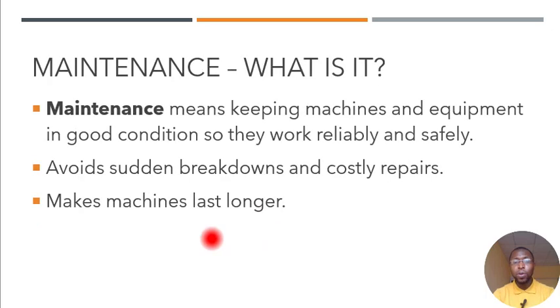All right. Then how do we maintain this machine? First of all, what is maintenance? Maintenance simply means keeping machines and equipment in good condition so they can work reliably and safely. So the act of keeping this machine in good condition is what is called maintenance.